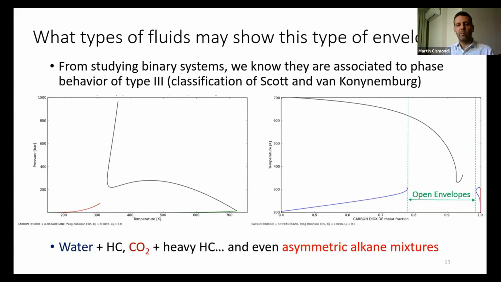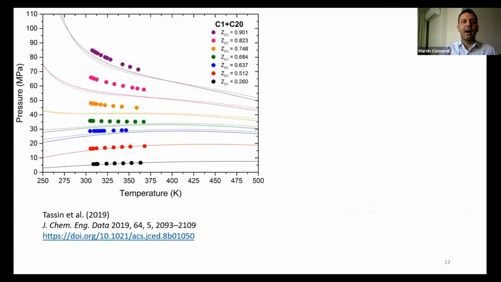But it is important to remark that even alkane mixtures can give phase behavior of type 3 if they are asymmetric enough. As an example, you can see here from one of our recent papers, these are phase envelopes for different methane eicosane mixtures.